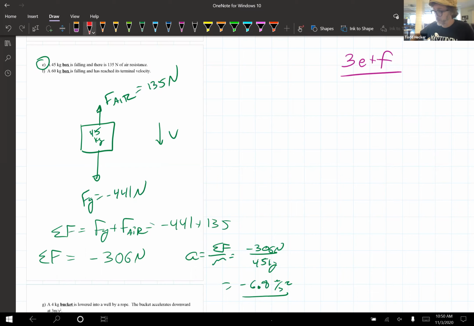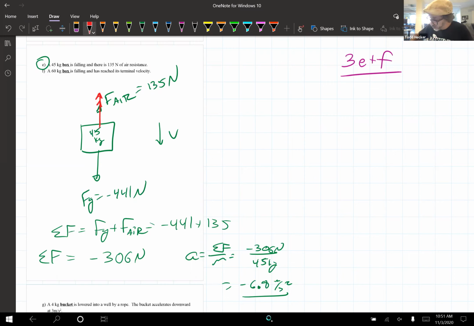So a thing that we talked about in class was the idea that as an object goes faster and faster and faster, the force of air resistance gets bigger and bigger and bigger, okay? So if you imagine this thing speeding up, your air resistance is going to get bigger. It'll keep speeding up. Air resistance will get bigger.